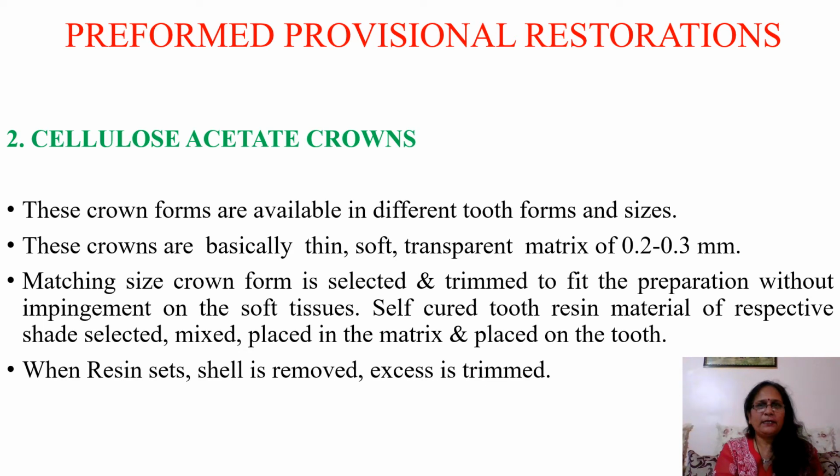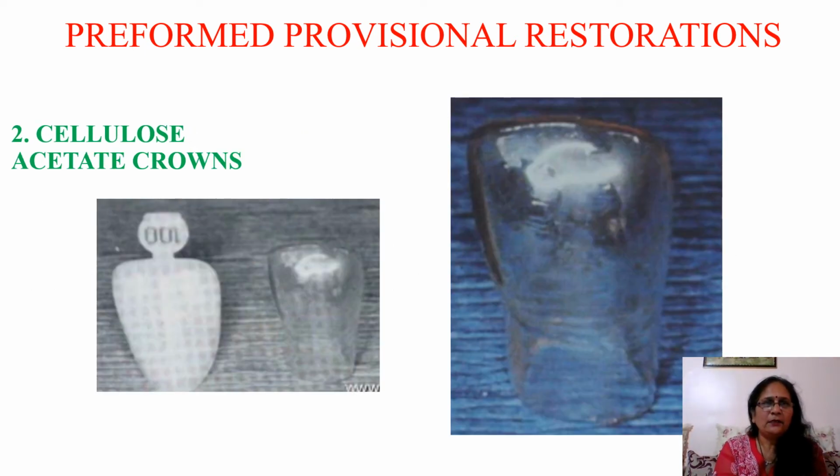Self-cured tooth resin material of respective shade is selected, mixed and placed in the matrix, and it is placed on the tooth. Please do not forget to apply Vaseline on the tooth surface. When resin sets, the shell is removed, excess is trimmed, and the provisional restoration is cemented. These are the cellulose acetate crowns. You can see they are transparent.